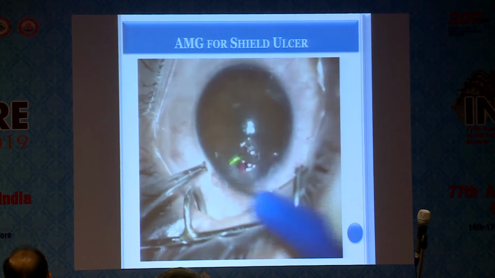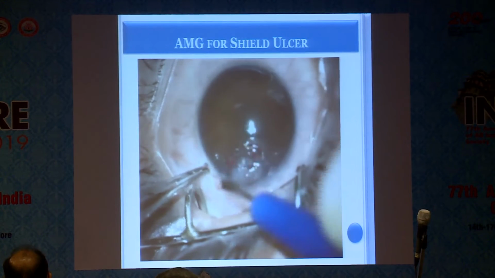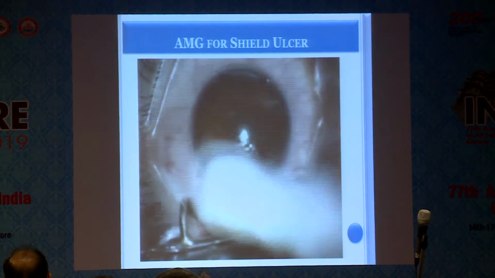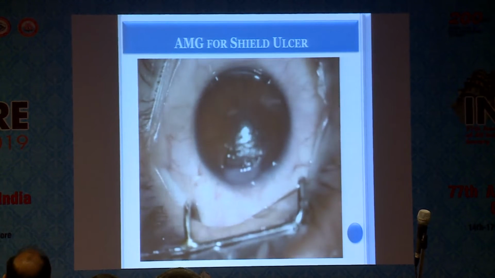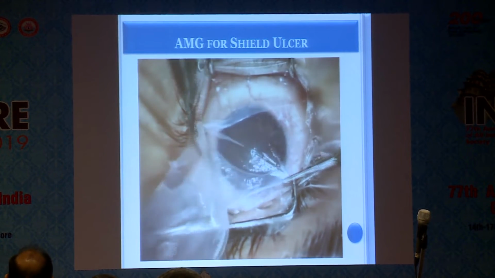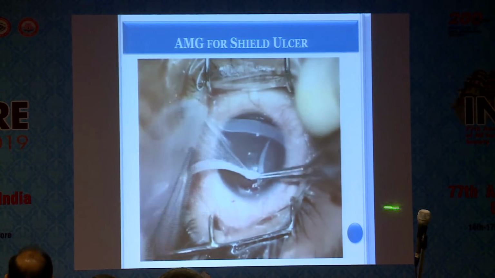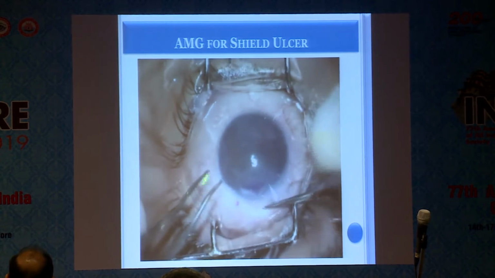If after removing the plaque you have a deep gutter, then you put multi-layered amniotic membrane, 2 layers to fill the gutter, and then an amniotic membrane inlay over onlay, onlay over inlay. But here the gutter is not very deep, so this is one of the cases.